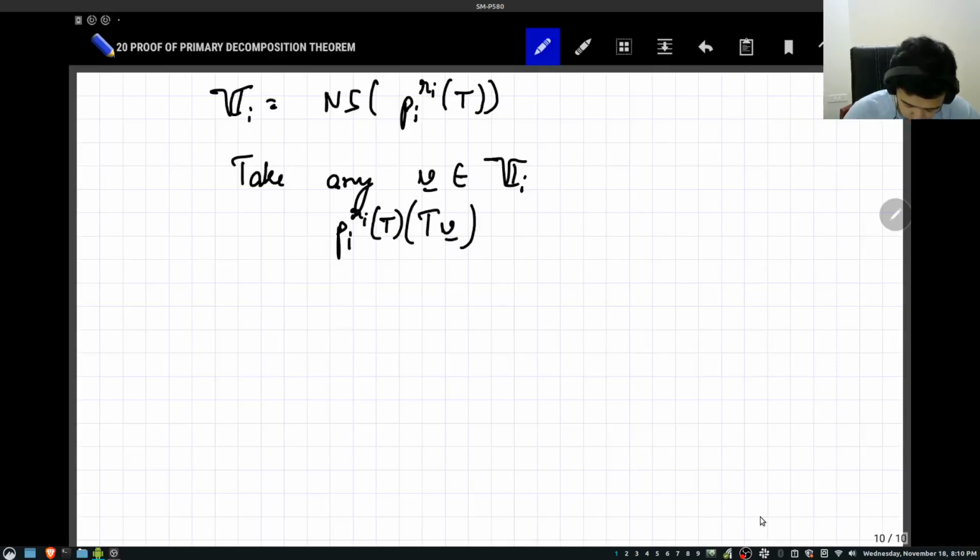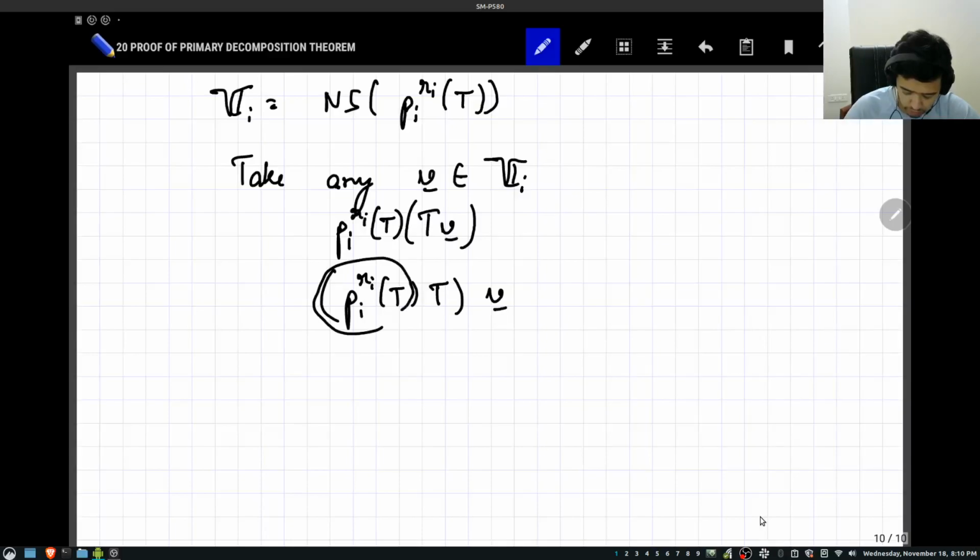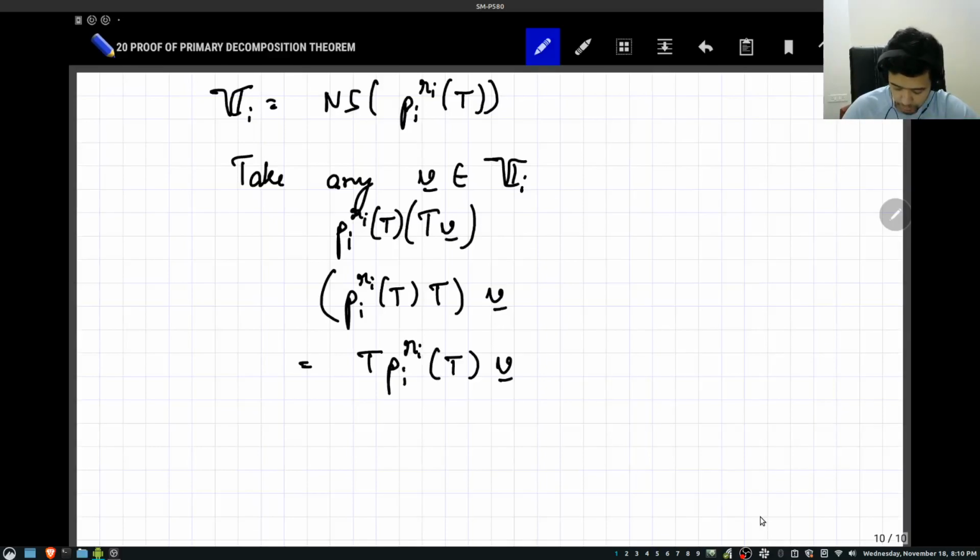Now using the associativity property, this is Pi raised to Ri of T times T of v, right? But this is after all just a polynomial, a matrix polynomial, and this is also another matrix polynomial. Therefore this is also equal to T times Pi raised to Ri of T times v, right?